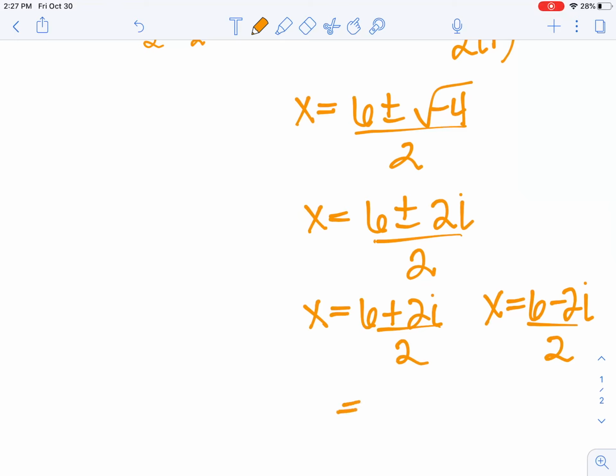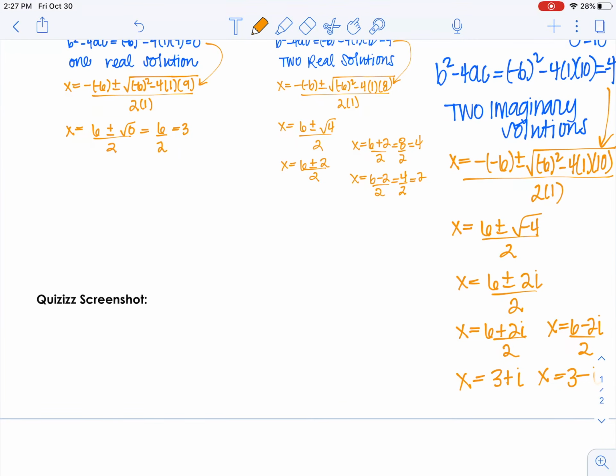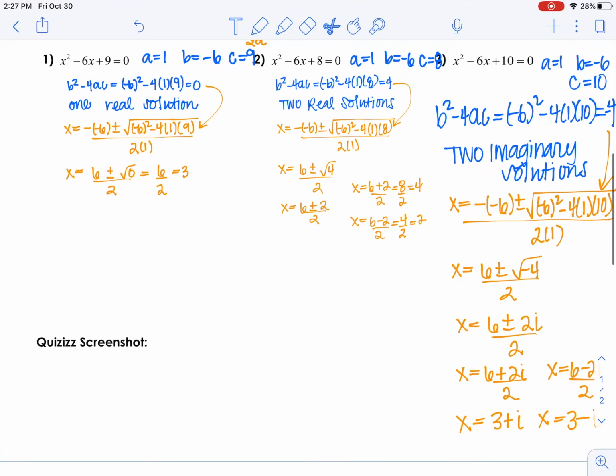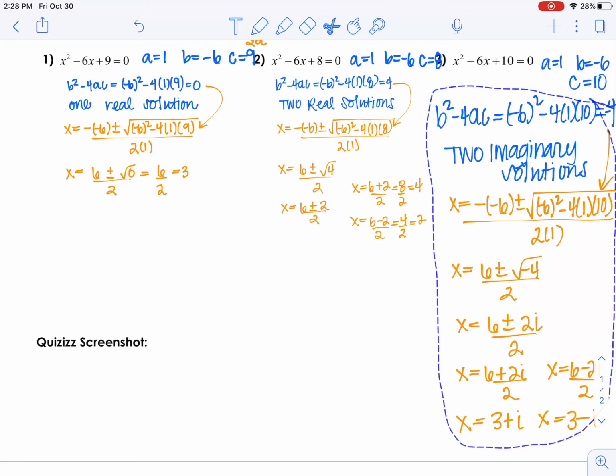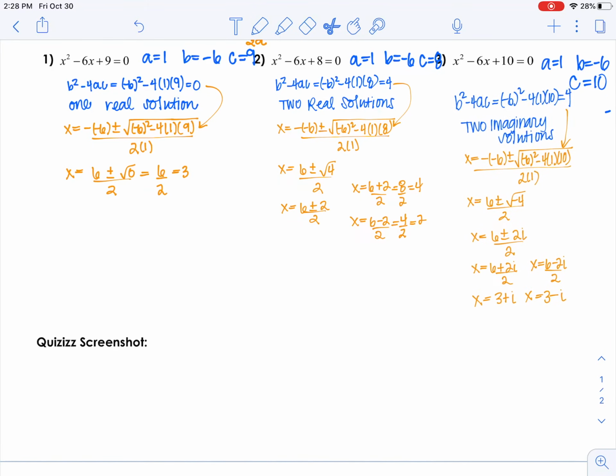So this becomes 3 plus 1i over 1, so just 3 plus i, and this becomes 3 minus 1i over 1, or just 3 minus i. Okay, good. So hopefully that gave us good practice on the quadratic formula, but also helps us to be able to identify what we should be looking for when we solve any quadratic.